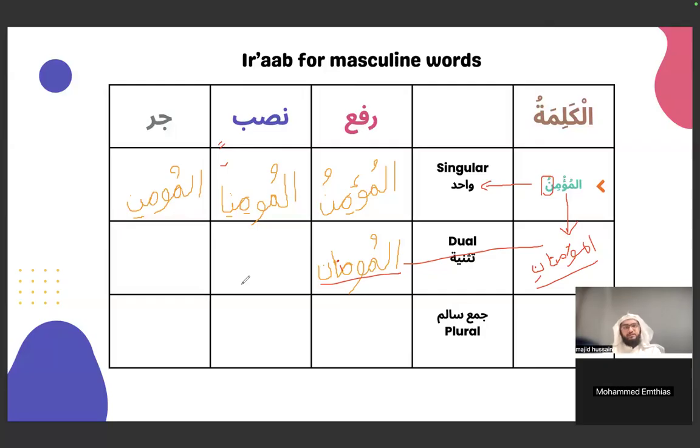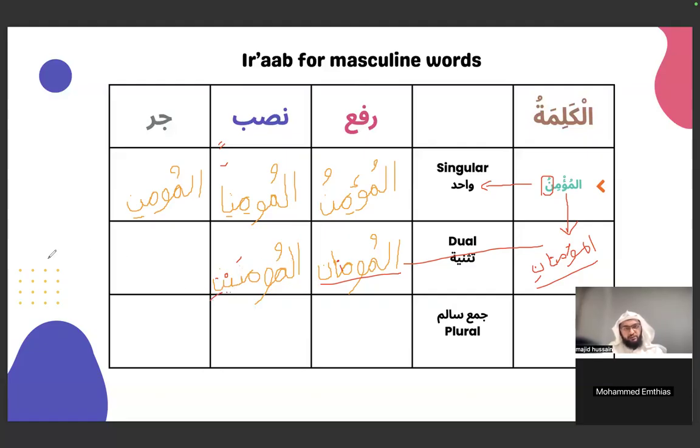Okay. The nasab state is going to be al-mu'minayni. Mu'min, here fatha, here two ya, and we have sukoon here, which is noon, and then we have kasra here.